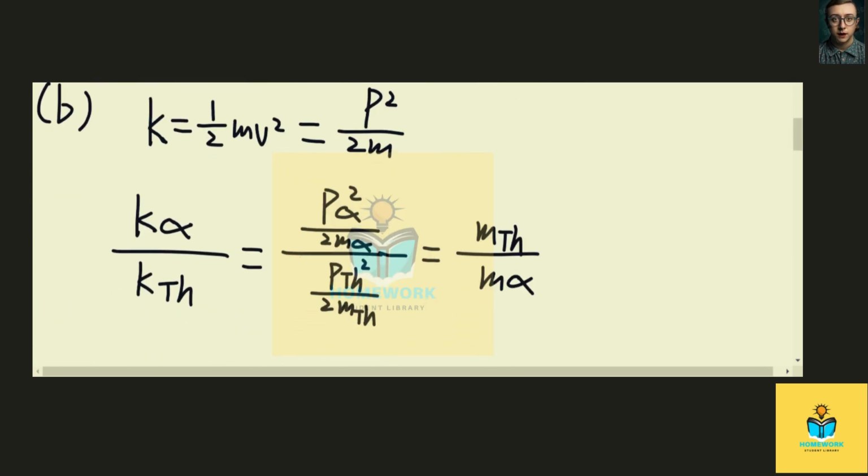Therefore, we can set up a ratio, K alpha over K Th, which expands to p alpha squared over 2m alpha, over p Th squared over 2m Th. Since p alpha equals p Th, p alpha squared and p Th squared cancel out, and the 2 cancels as well.